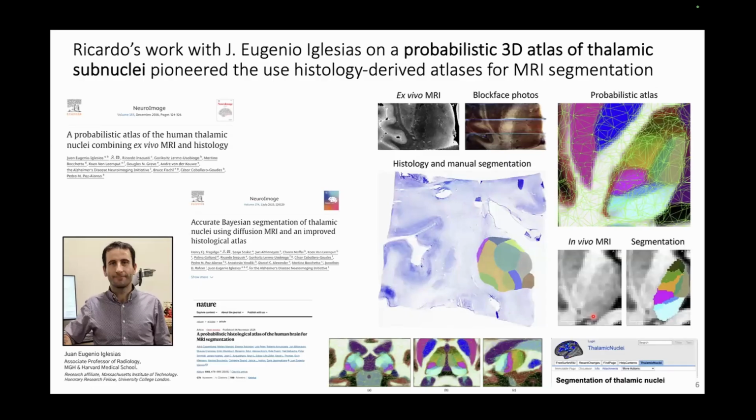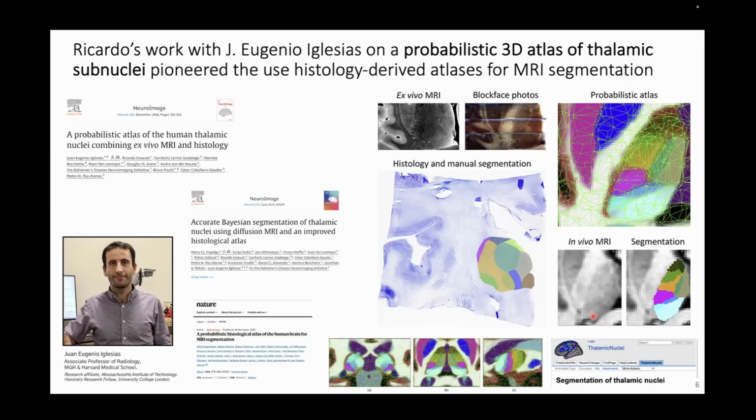When I finally met Ricardo, it turned out that he was already working on something related, a probabilistic atlas of thalamic subnuclei with Eugenio Iglesias, who is a brilliant scientist who's currently associate professor at MGH. They really did pioneering work on combining serial histological imaging, postmortem MRI, and block face imaging to build a probabilistic atlas of thalamic subdivisions that then could be applied to in vivo imaging.